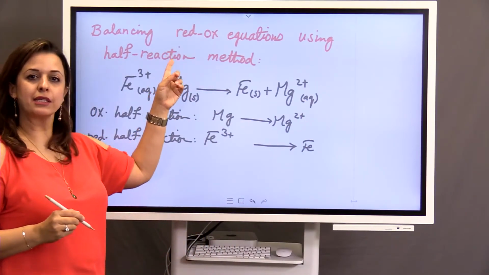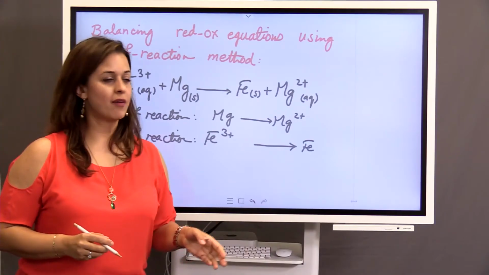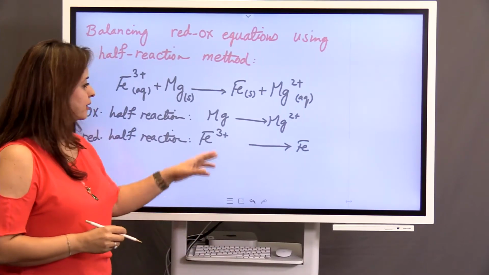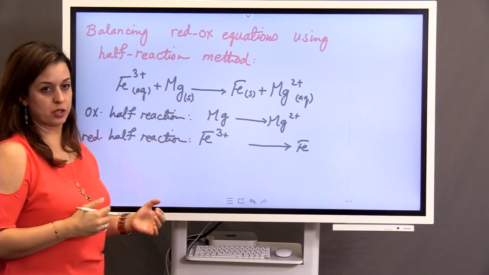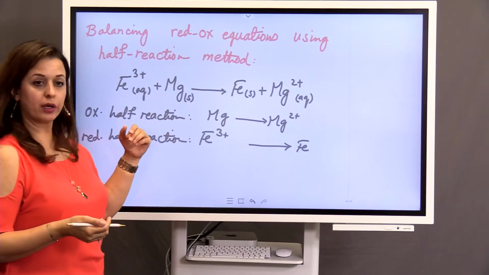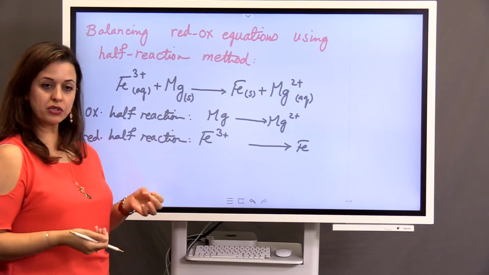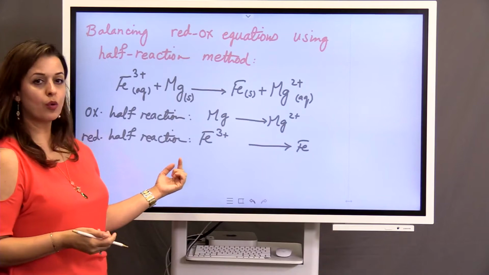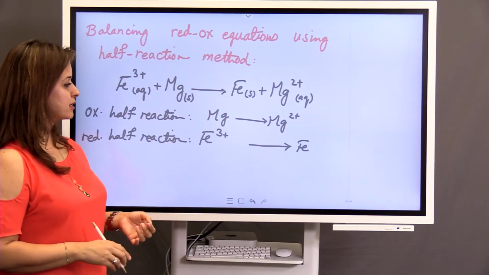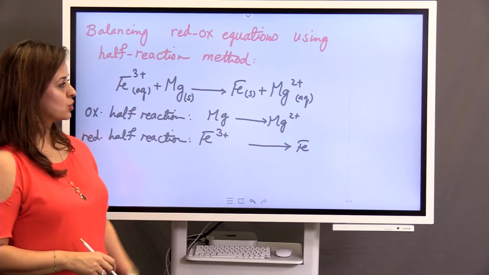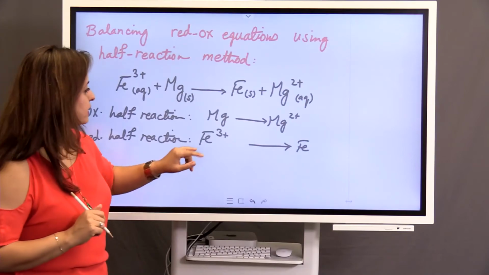In balancing the equations using half reaction method, you must have both the mass or the atoms balance and also the charges balance. So far, in balancing your equations, you just took care of the atoms. Here, because it's about electron transfer, you're supposed to cut it into two half reactions and take care of both mass and charge balancing.